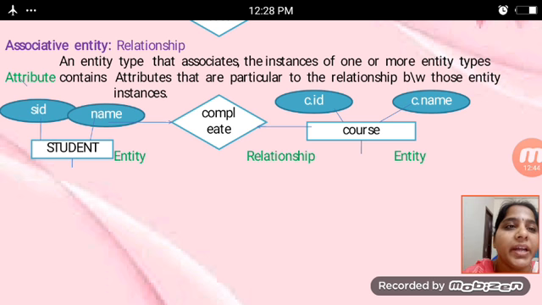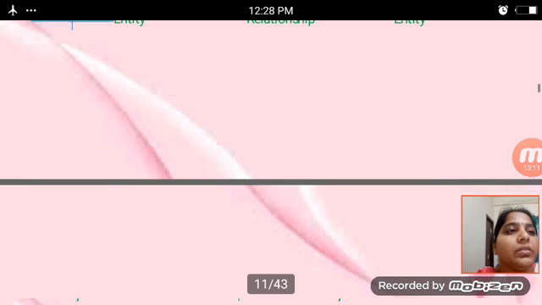Student and course are entities, complete is a relationship, and SID, SNAME, CID, CNAME are the attributes. In this, a student completes some courses having an ID and name. This is particular to the relationship between these entity instances, and we call this the associative entity relationship model.